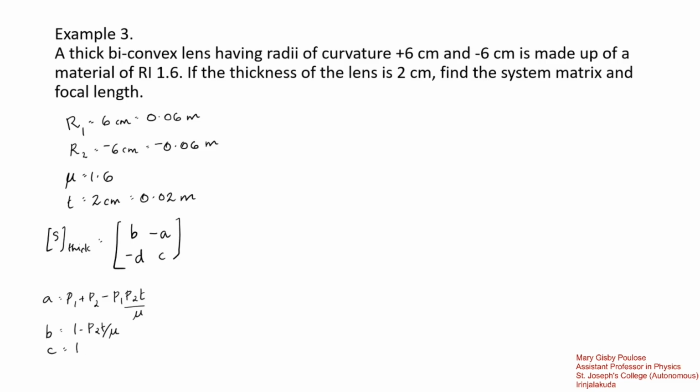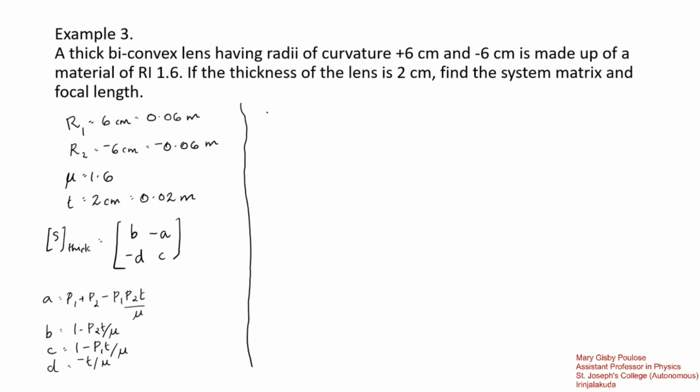C is given as 1 minus P1 T by mu, and D is given as minus T by mu.